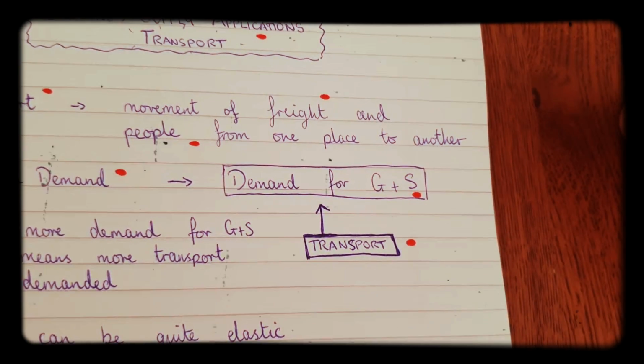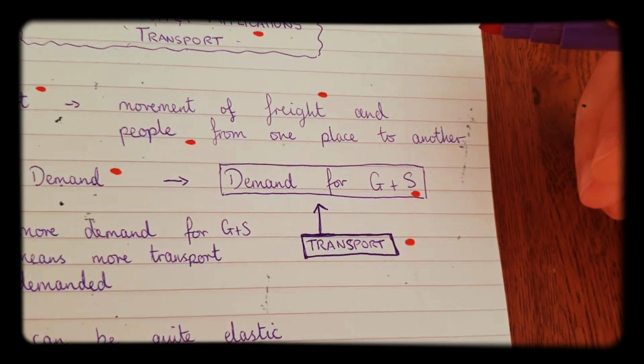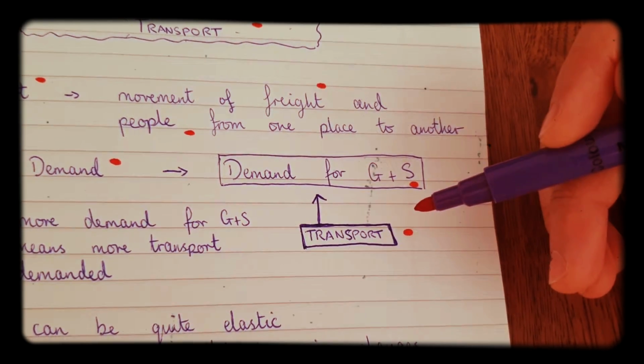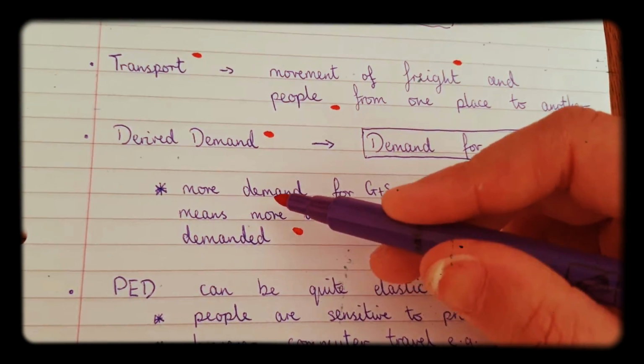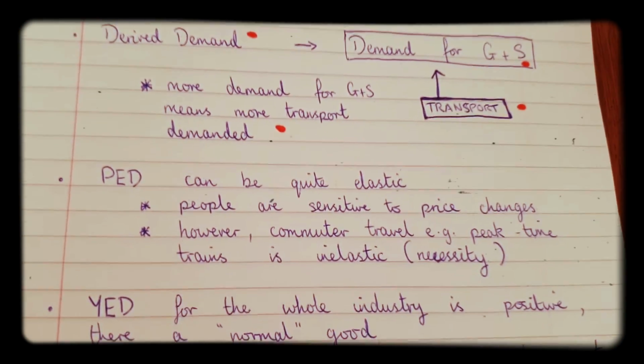That's just a brief example. If there's more demand for goods and services in the economy, it's highly likely that there's going to be an increased demand for transport as well. So just to summarize once more: more demand for goods and services, more transport demanded.